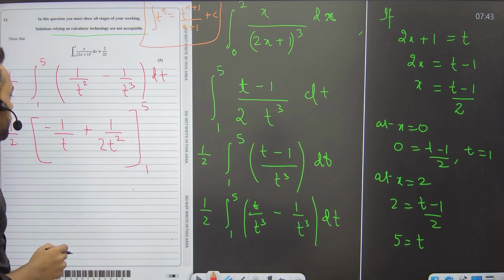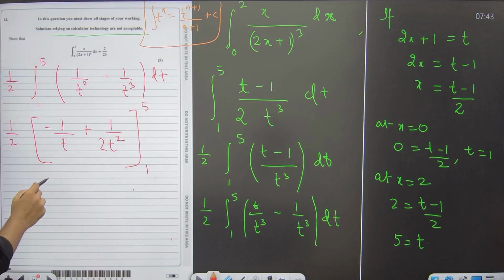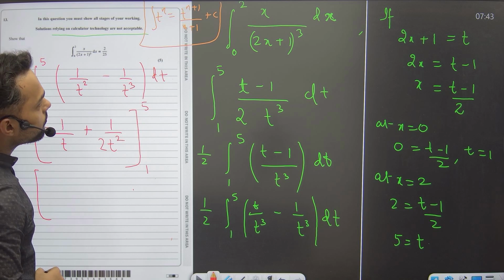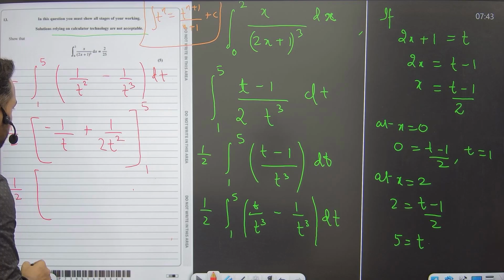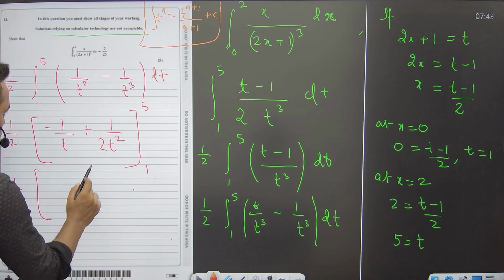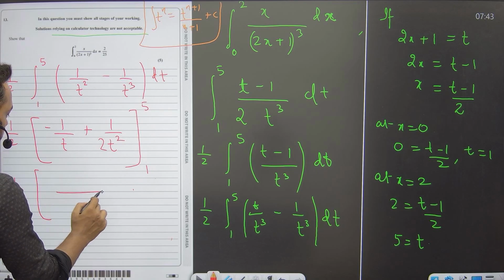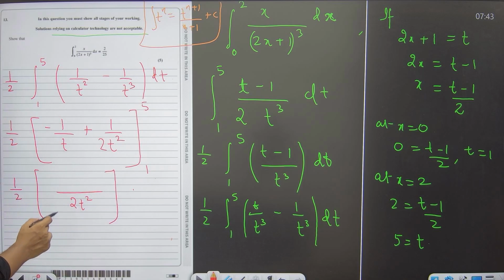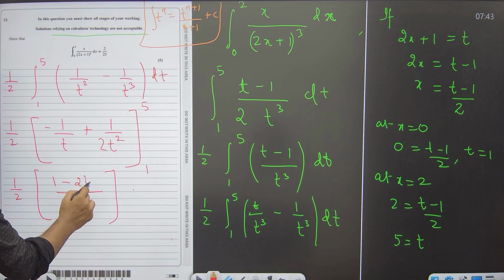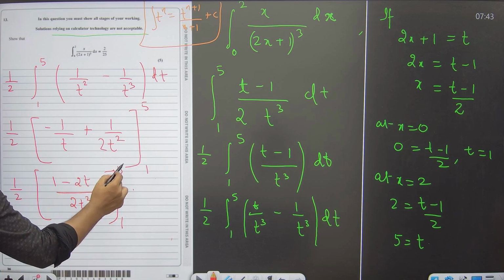Don't forget to mention the limits here. Now, first, 1 by 2, this could be written in the format of 2t square. I am taking the LCM, students, 2t square. So here you will get 1 minus 2t over 2t square, from limit 1 to 5.